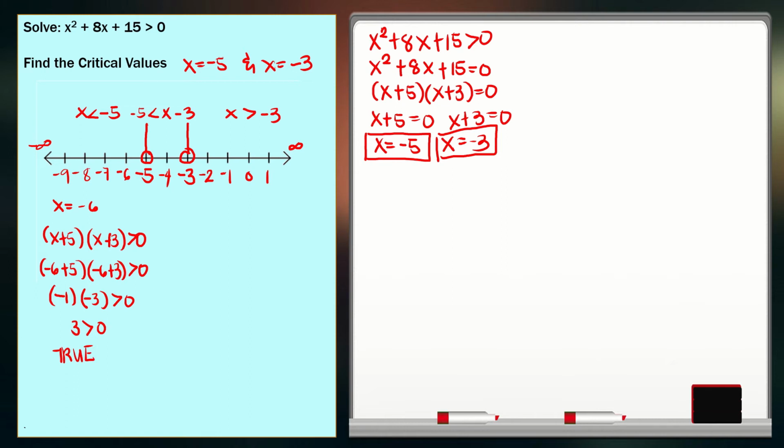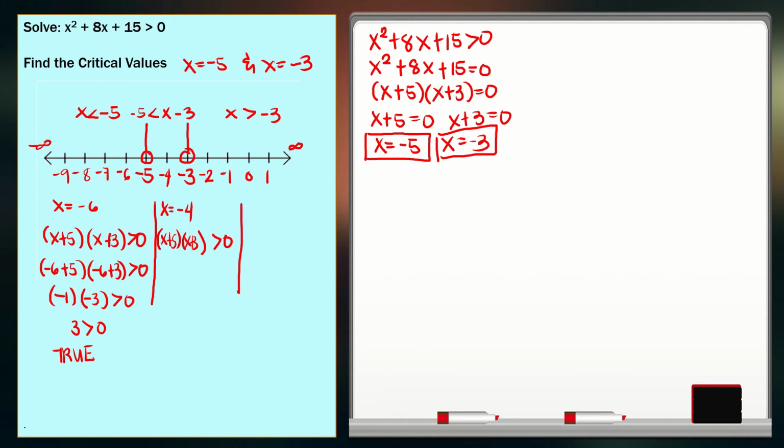Next, we're going to pick a number that's between negative 5 and negative 3. So we'll use x is equal to negative 4. Using the factors again, we have x plus 5 multiplied by x plus 3 is greater than 0. So we plug in negative 4.